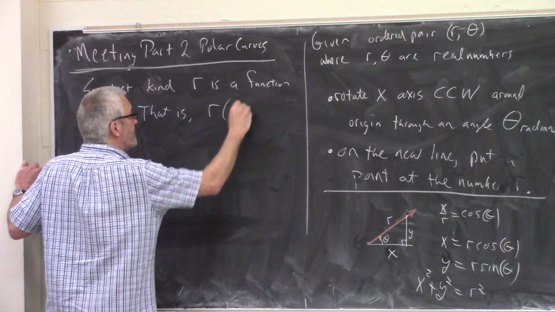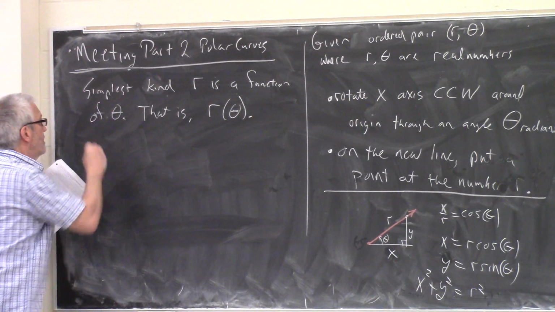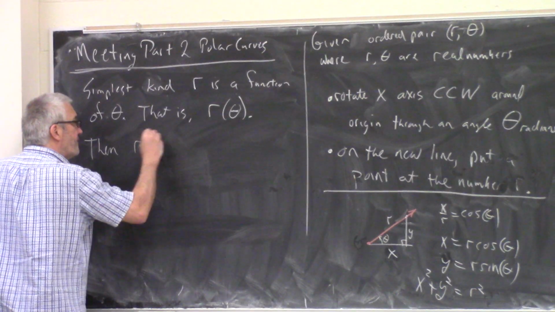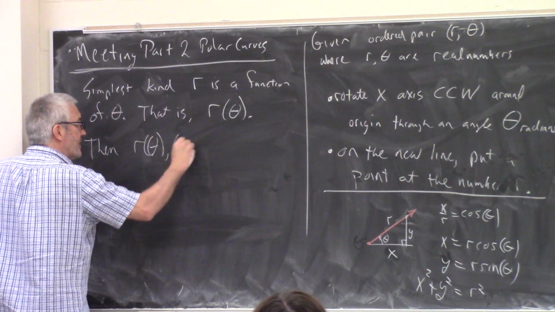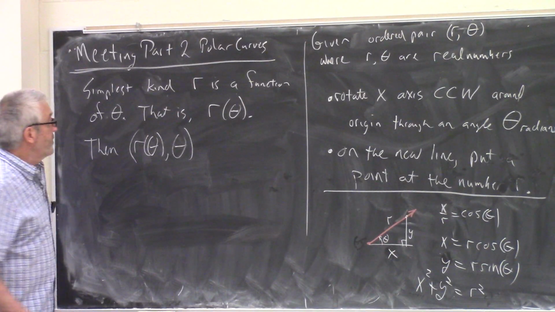R of theta. So then r of theta, comma theta, for theta being a real number.